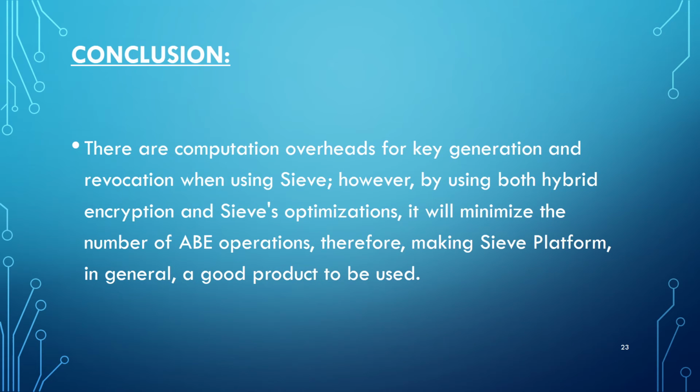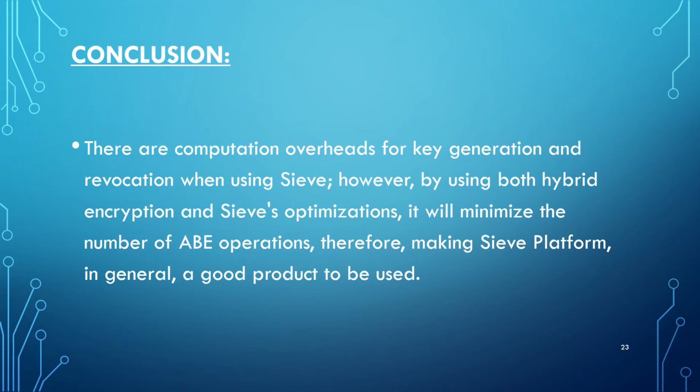Now the problem, as I specified before, is that there are computation overheads for key generation and revocation when using Sieve. However, as a solution, you can use both hybrid encryption and Sieve's optimization at the same time. If you use both, it will minimize the number of ABE operations.